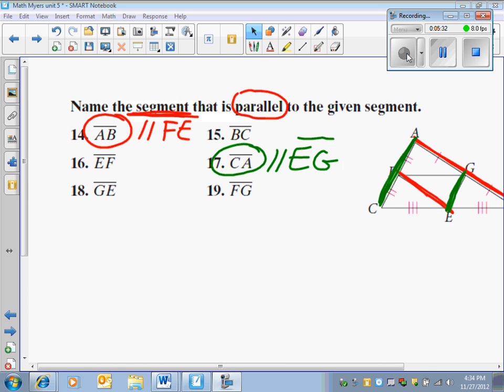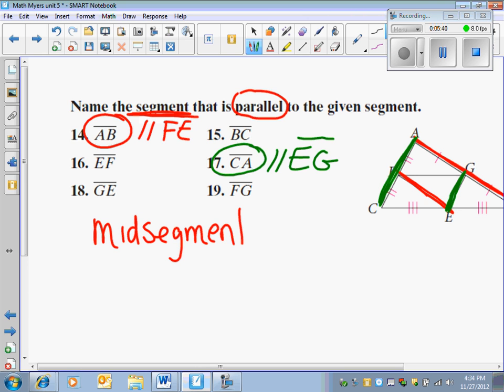So what do we know about these mid-segments? We know that if we have a mid-segment, we definitely are going to see parallel sides.